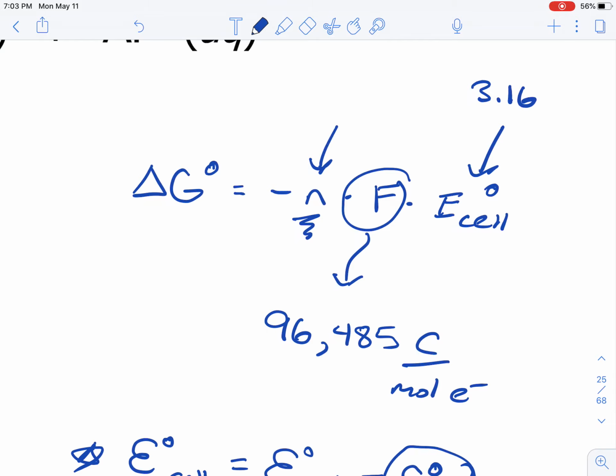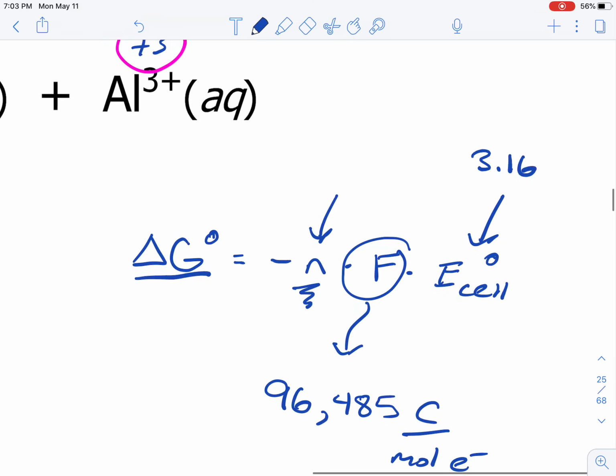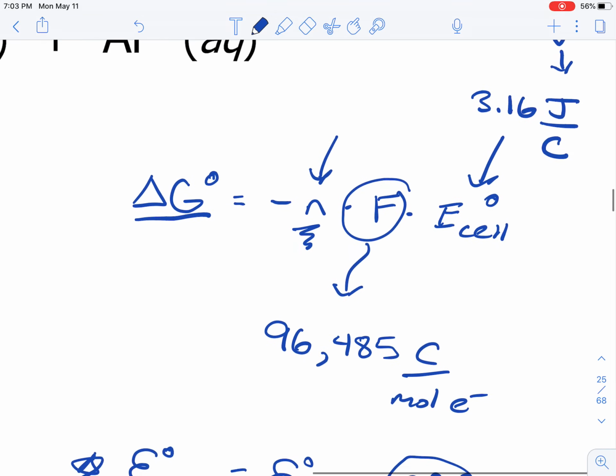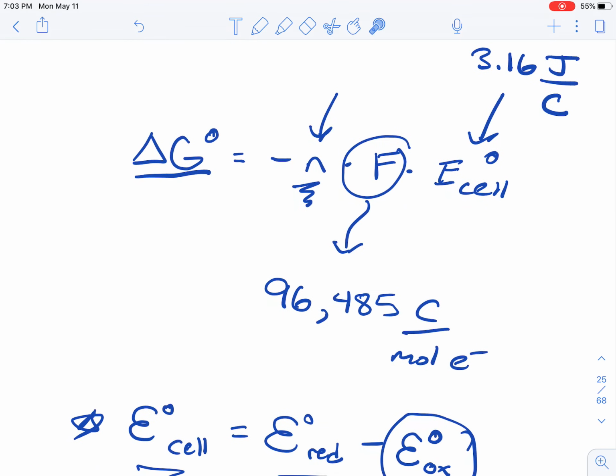Now remember, since we need to find delta G, we need to change the units from volts to joules per coulomb, so that the coulomb can cancel each other out.